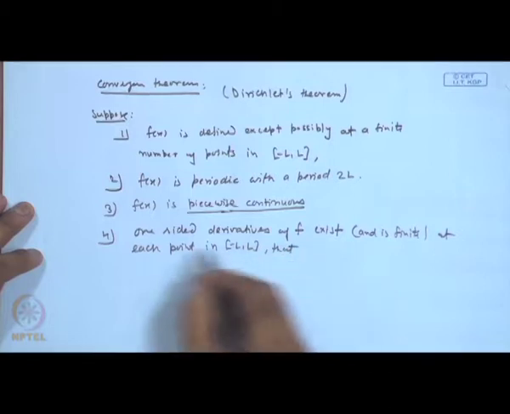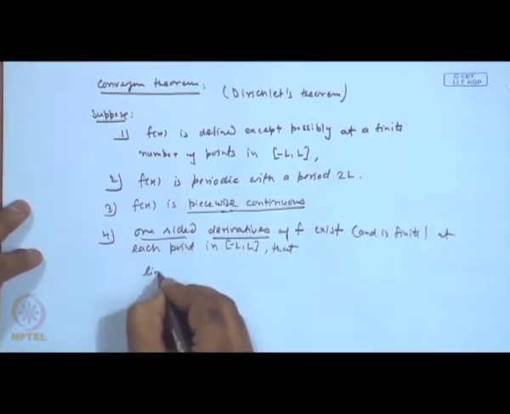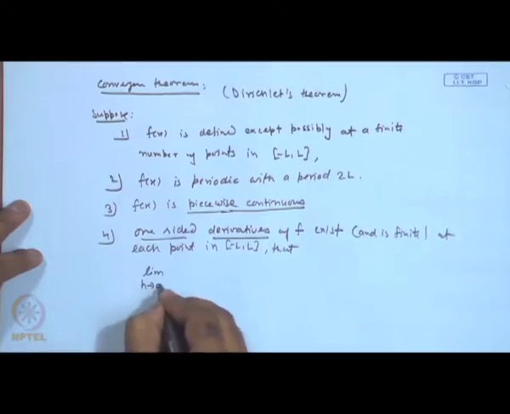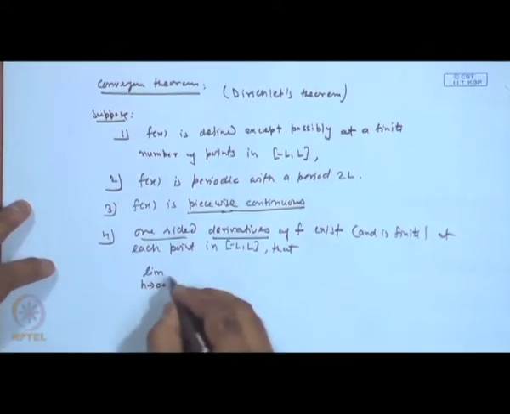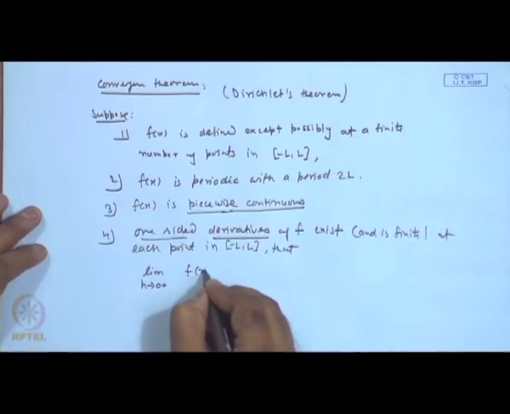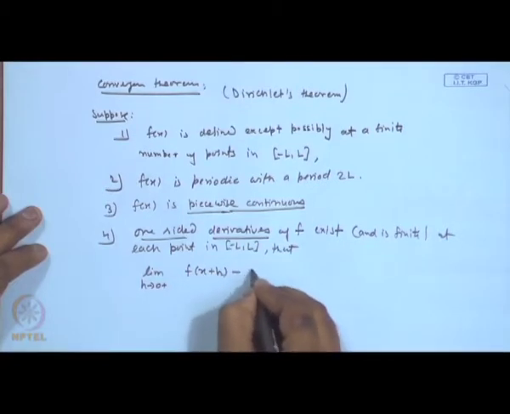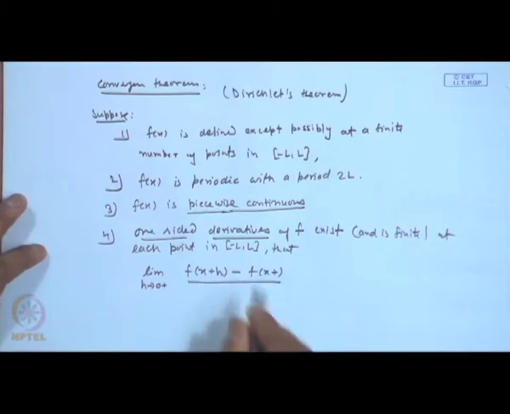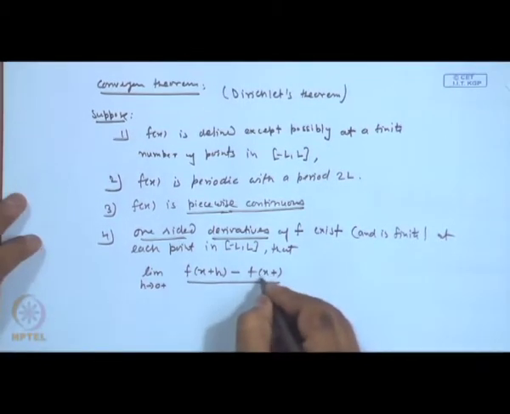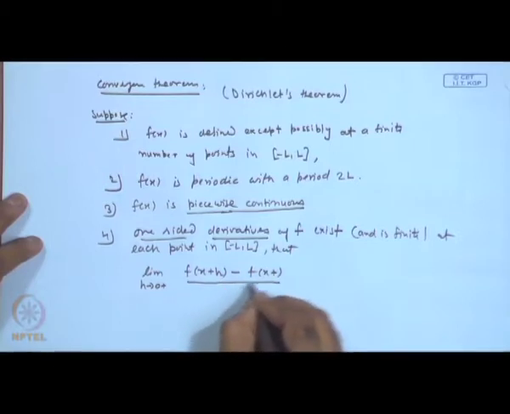So, what does one-sided derivative mean? We have the limit h tends to 0 from the positive side of f(x plus h), this is the right derivative, minus f(x), the right limit of this function at x. The function may not be defined at x.